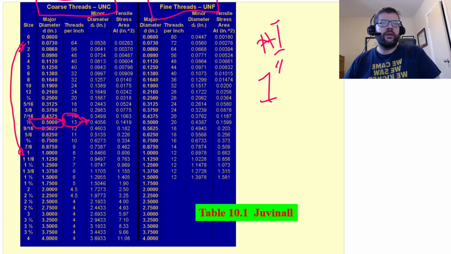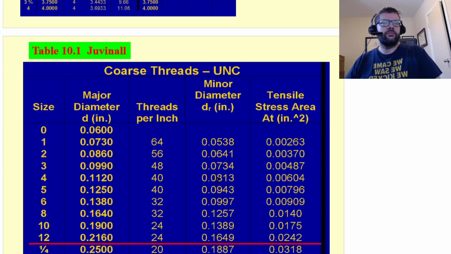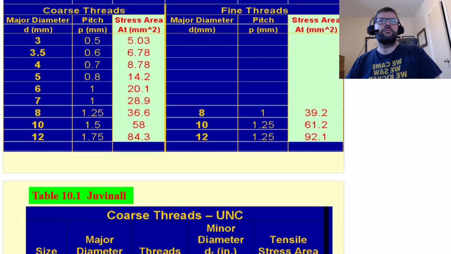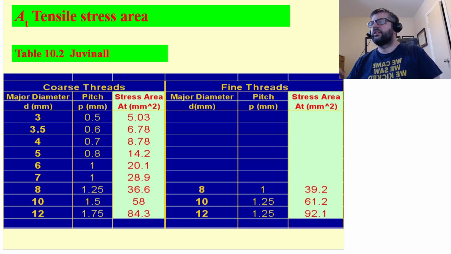We're looking at 0.1419 inches squared for the stress area for a half-inch coarse bolt, and 0.1599 inches squared for the same size in a fine thread. Just need to look up the stress areas on our table. And again, this is all found in Juvinall.